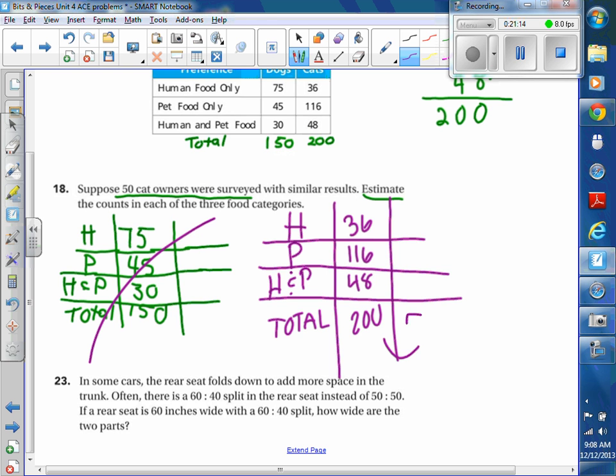So they're saying, what if there's only 50 people? What do you think the next 50 people are going to think? What if they turn out to have the same opinions?